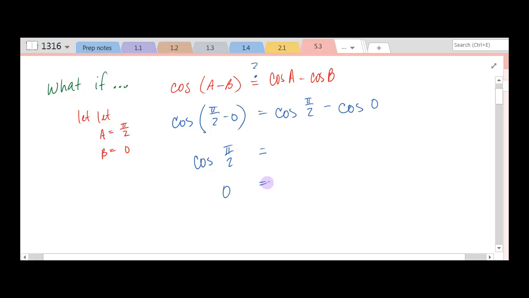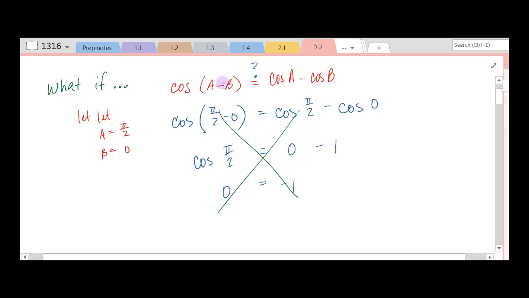Now I'm going to see if the right-hand side is equal to 0. Again, the cosine of pi over 2 is 0, but the cosine of 0 is 1. So we can see that 0 does not equal negative 1, and therefore we cannot just apply the distributive property if I have two angles that I'm taking the cosine of.